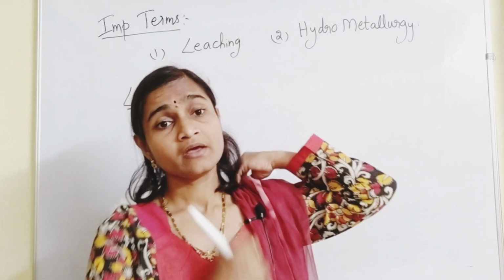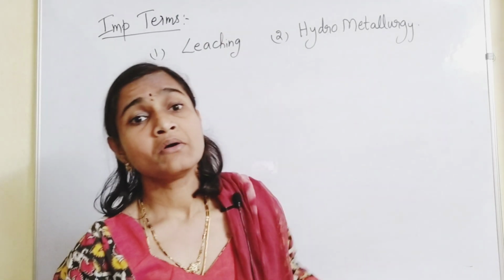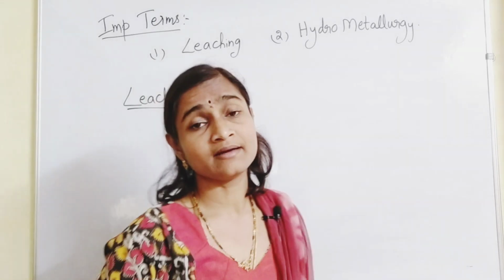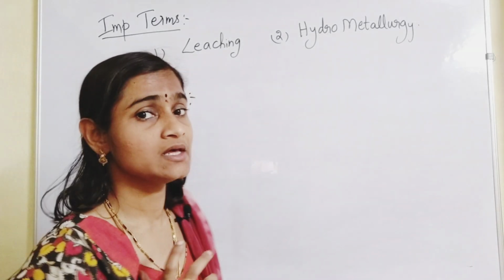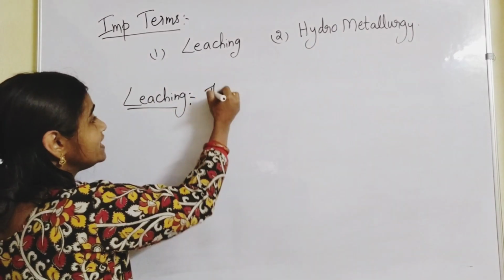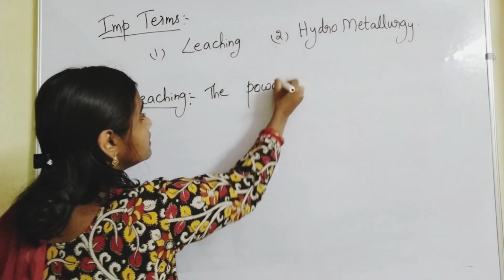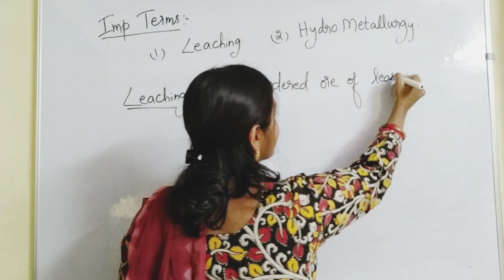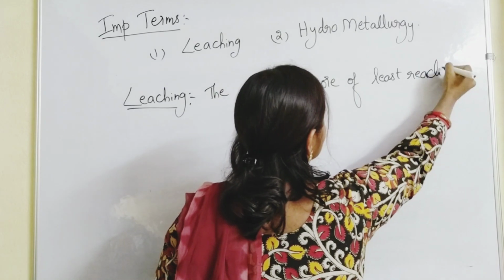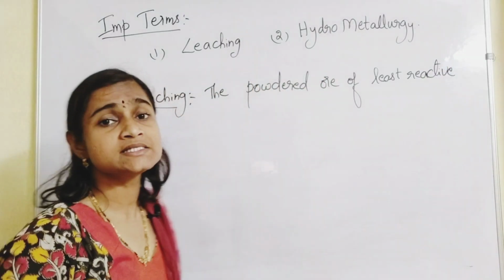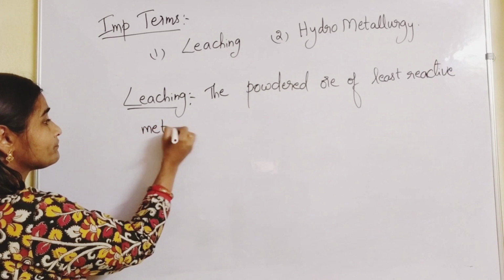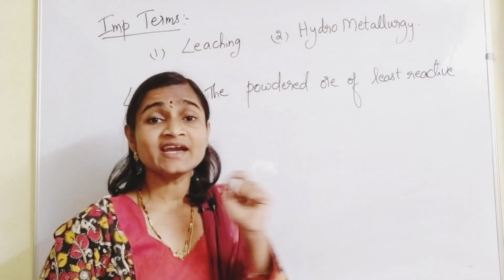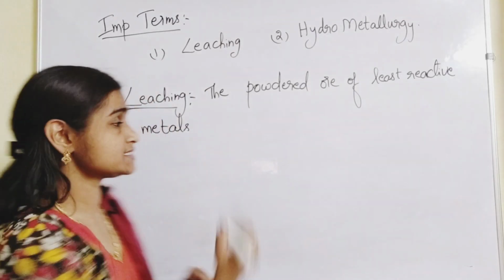Please remember, for the metals at the bottom of the reactivity series, like silver, copper, gold, platinum, for those metals, the powdered ore of least reactive metals is treated with certain chemical reagents.